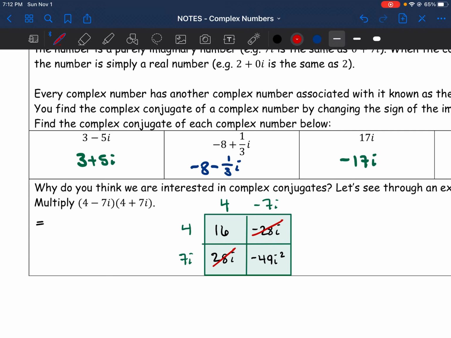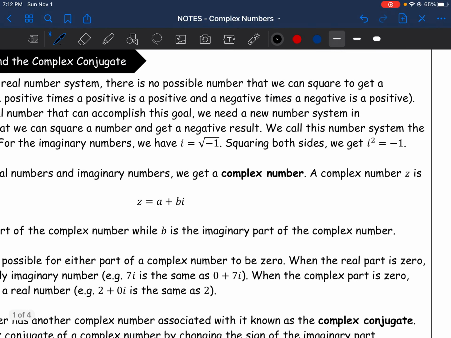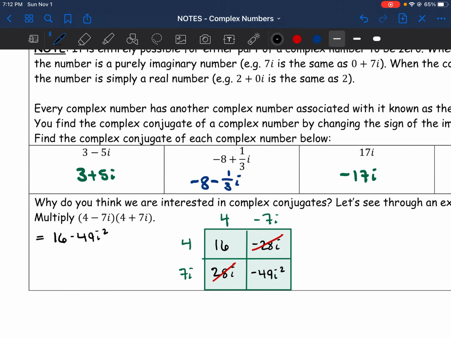And we are left with 16 minus 49i to the second power. Well, by definition of i, since i is the square root of -1, and we saw that i squared is -1, we can substitute i squared with -1. This would give us 16 minus 49 times -1, which is 16 plus 49, which would give us 65.